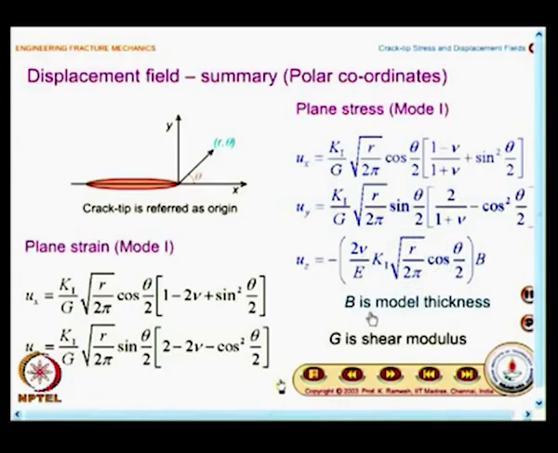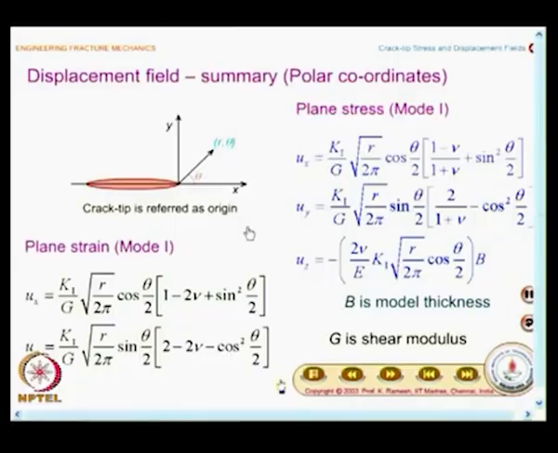And if b is the model thickness, you will have to multiply this by b to get the u z displacement. So, if I have to get this expression, I can simply substitute nu as nu by 1 minus nu in this and get this expression also. Take your time to write this down.